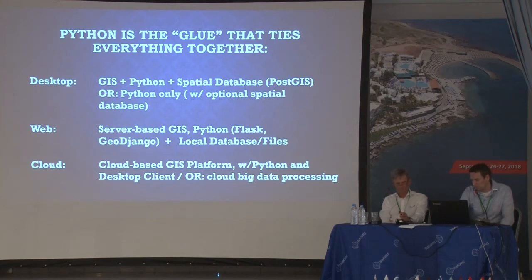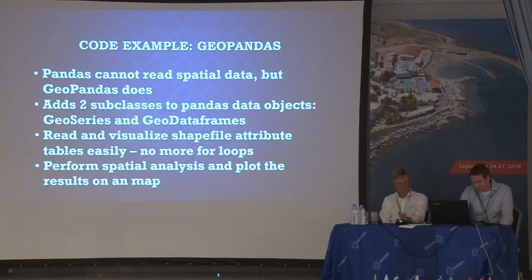Okay, this is a very, very short example of a library that I use for this book. It's called GeoPandas. If you are familiar with SciPy, there's a library called Pandas that can read tabular data and do selections of tabular data, so spreadsheet data.